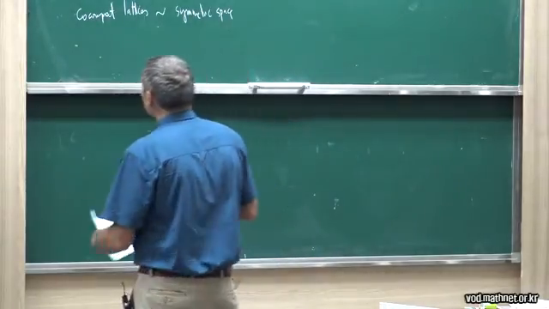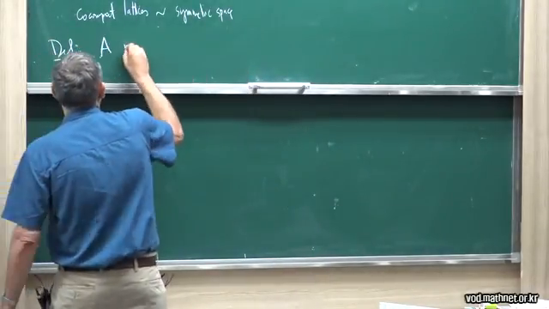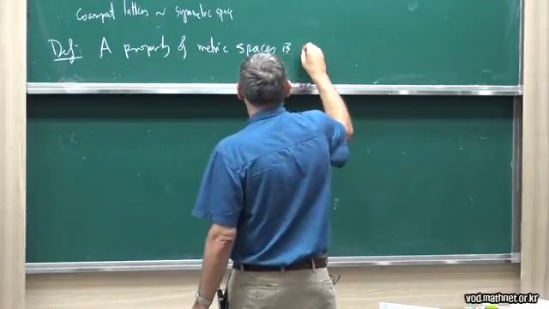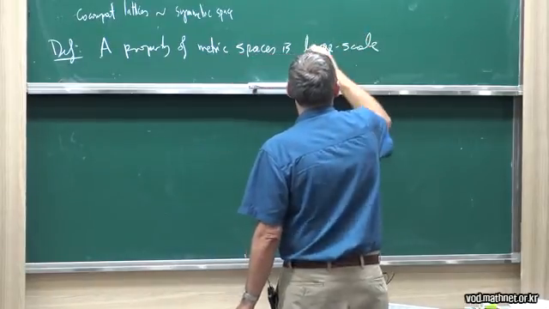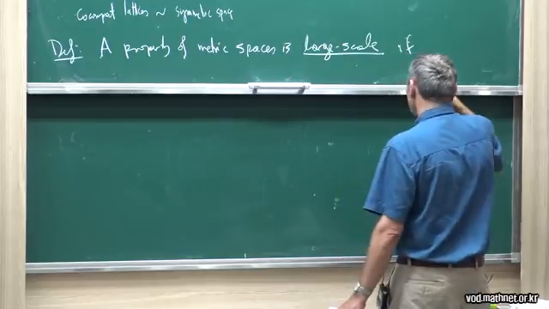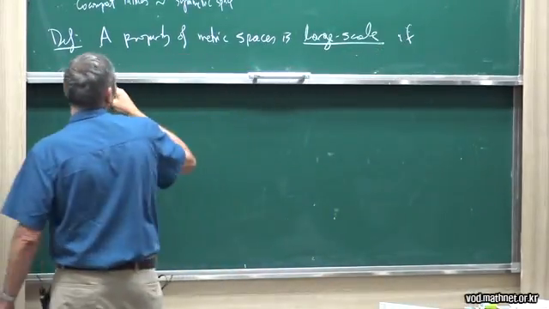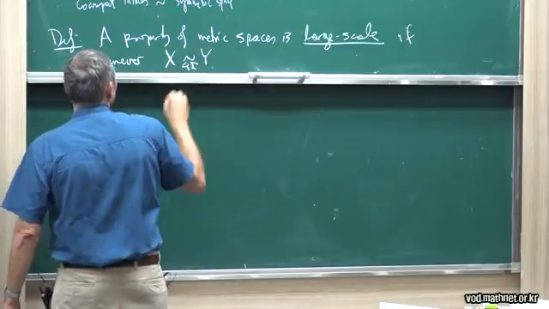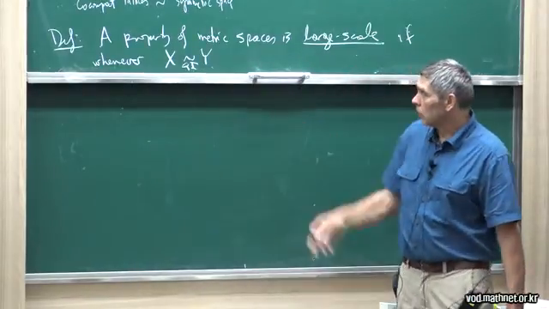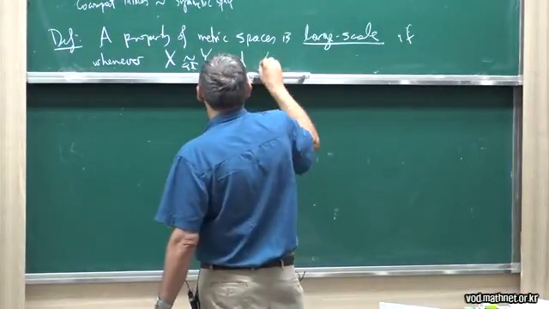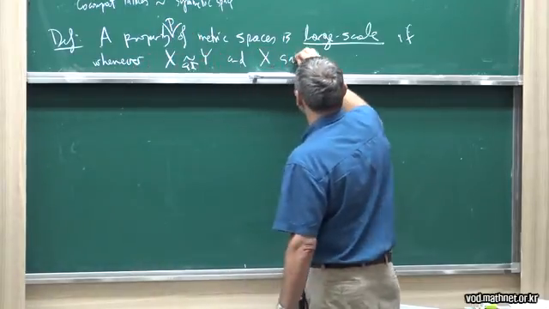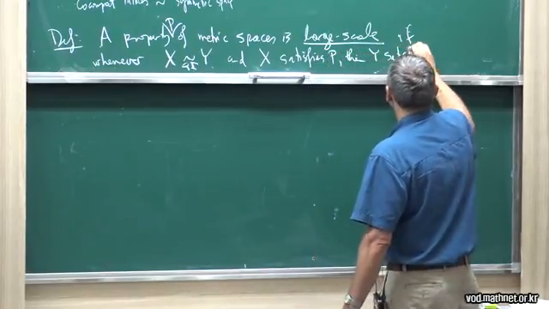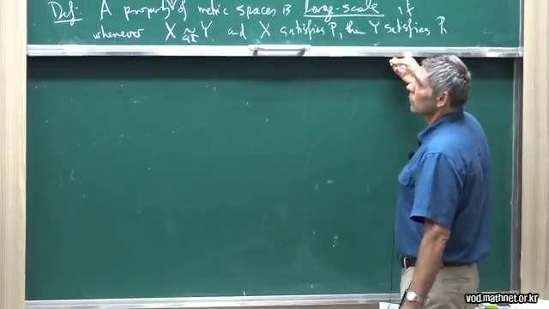Okay, so a property of metric spaces is large scale if whenever X and Y are quasi-isometric, so this is my symbol for X and Y being in the same equivalence class, and X satisfies property P, then Y satisfies P. Okay, that's what large scale means.